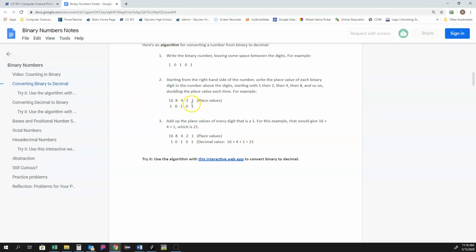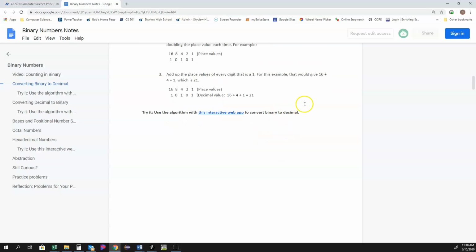So you start with the ones place, and you put your binary number underneath that number line. Everywhere there is a 1 in your binary number, you take the place value from above and add them up. So we have our place values for our binary system, and our binary number here, and we're going to convert it into decimal.